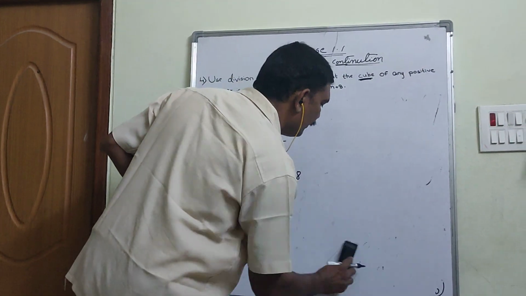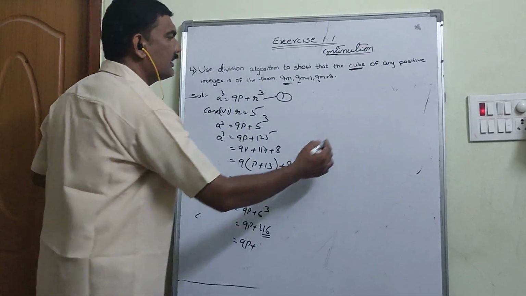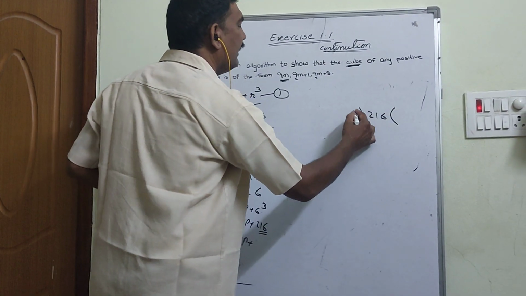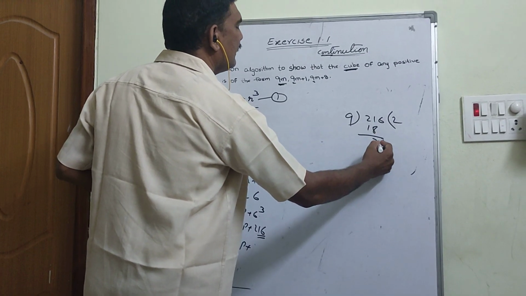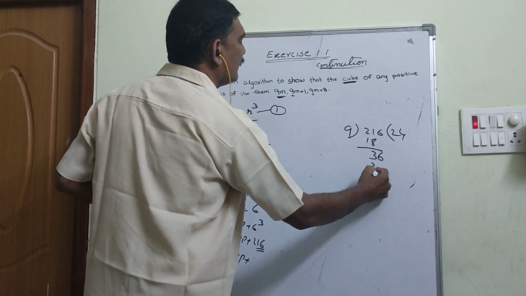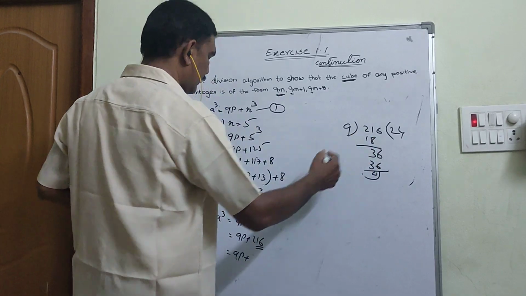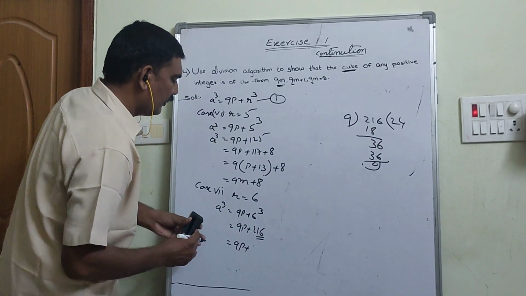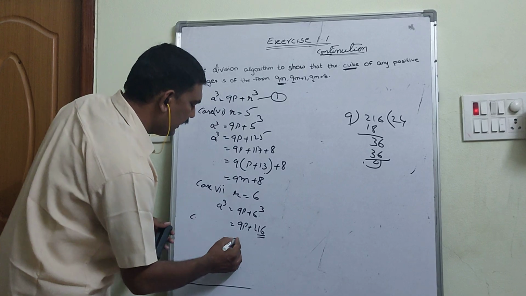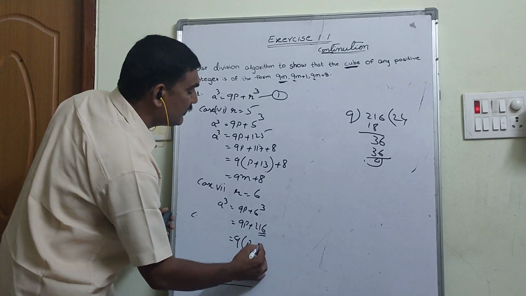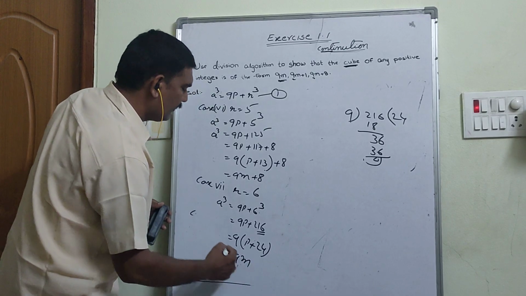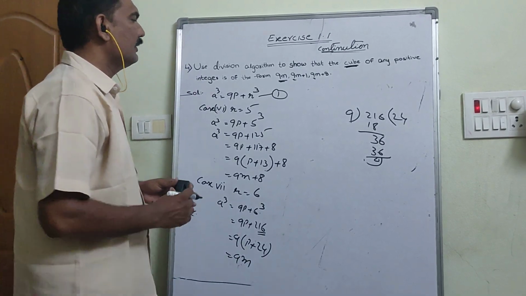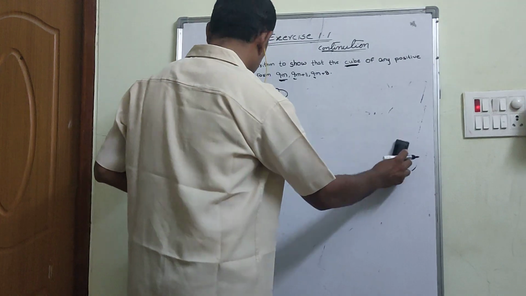So what you have to do is, 216 divide with 9. 9 2s are 18, 36, 9 4s are 36. So you can take directly 9 as common. P plus 24, write it as m. It becomes 9m. Case 7 is completed.